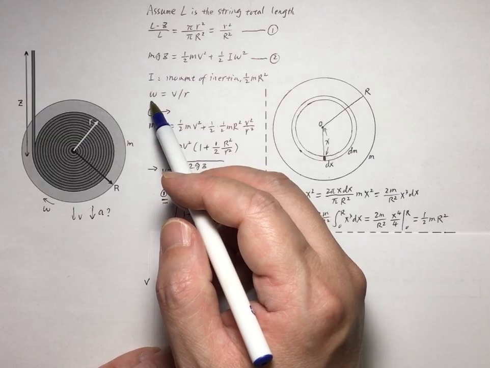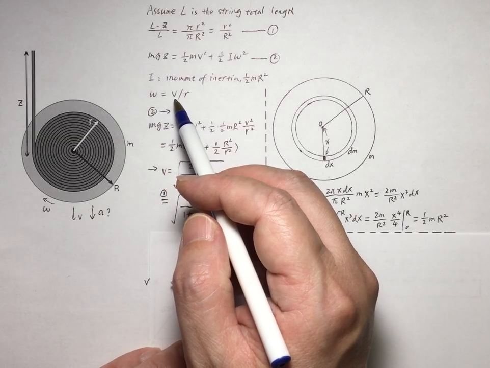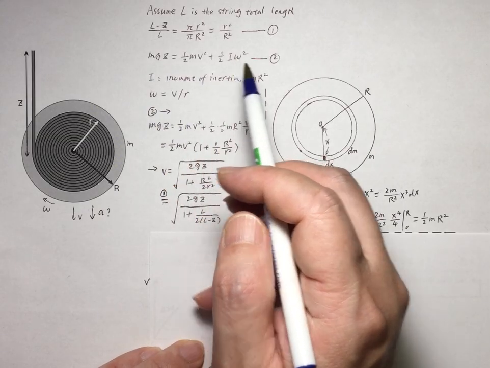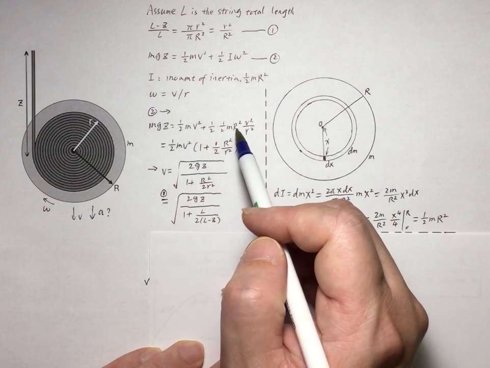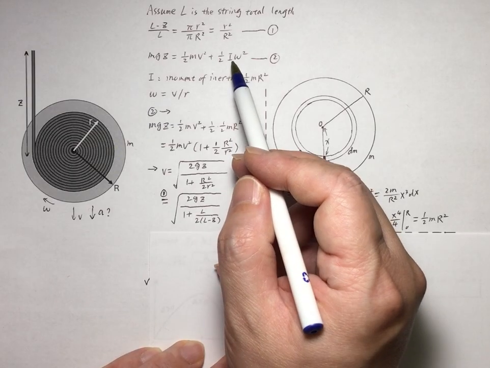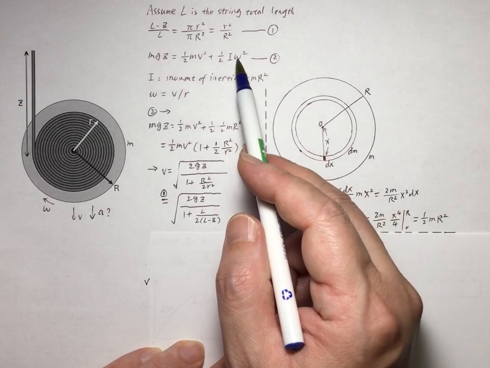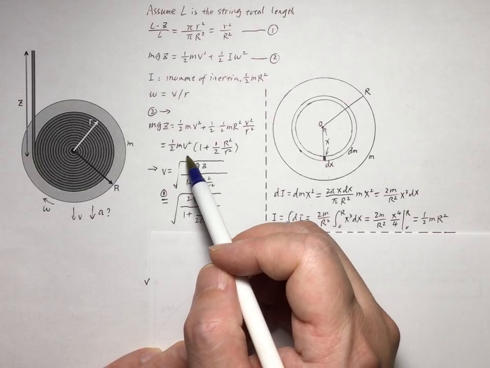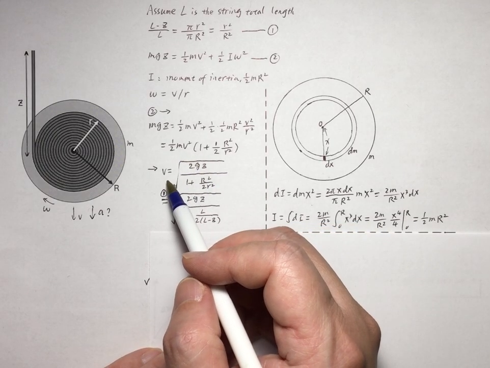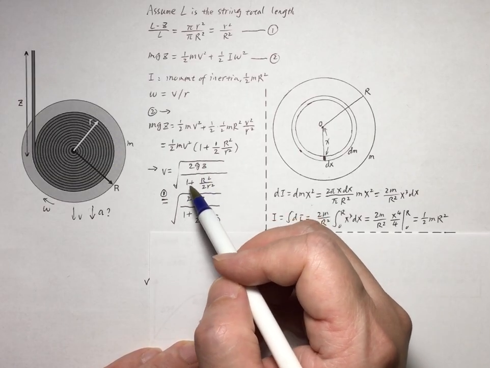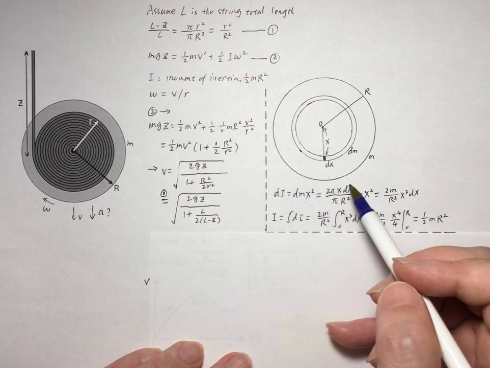We know the angular velocity is v over r. We plug I and omega into equation 2, clean up, and eventually get v equal to this expression.